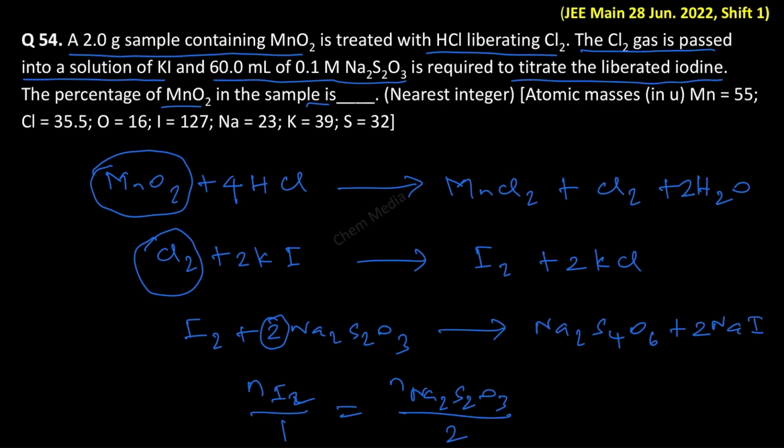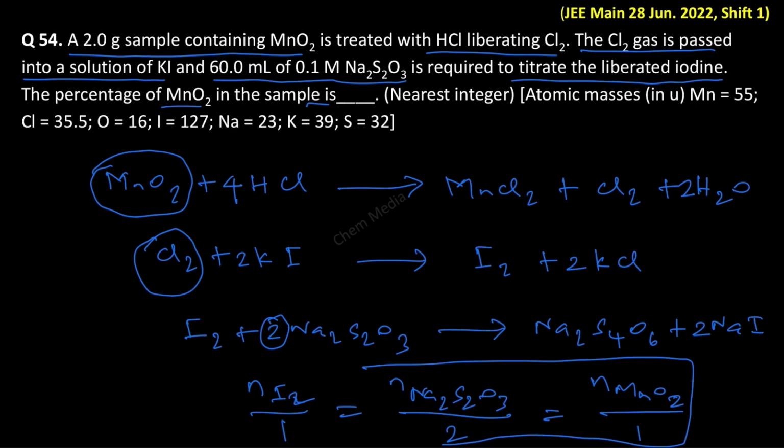So therefore, the stoichiometric mole ratio is number of moles of manganese dioxide divided by 1 is equal to number of moles of sodium thiosulfate divided by 2. This is the equation we have to use to find the mass of MnO2 first, and then we can find the percentage of MnO2.